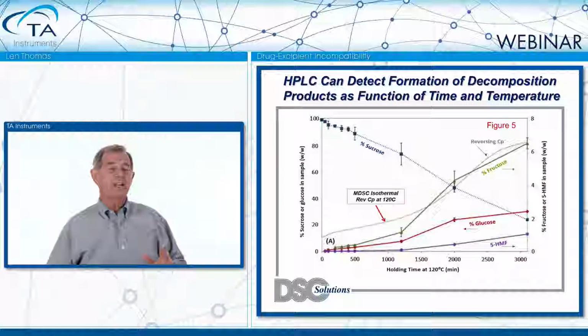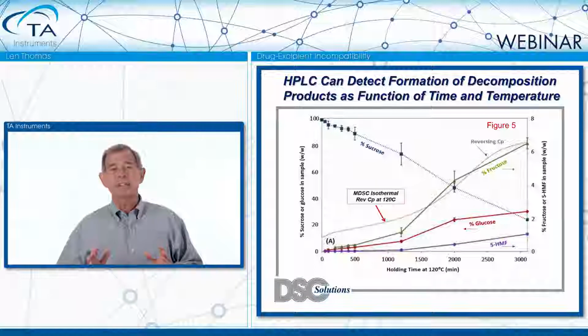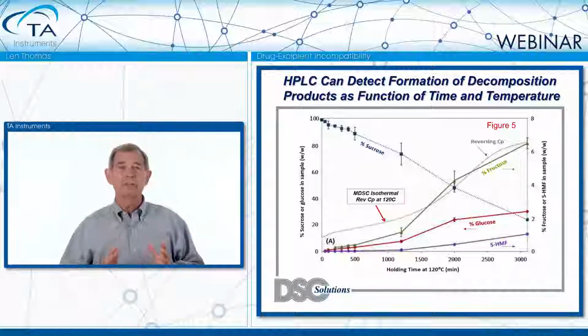Now, once we have that profile, if we're interested in understanding the chemistry of this reaction, there's a very neat, simple process that you can use. Once you know that profile and you select your temperature for looking at the chemical change, what you can do is prepare your samples and place them into an oven at that temperature. Okay?